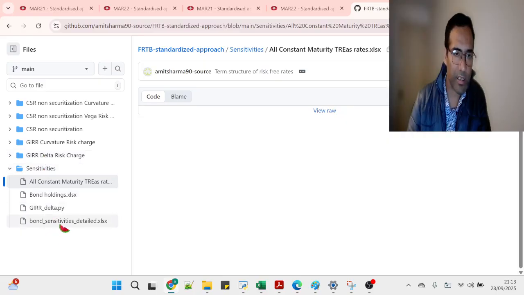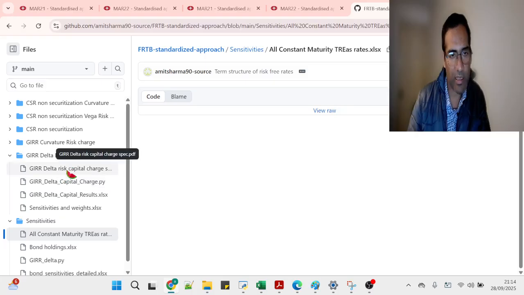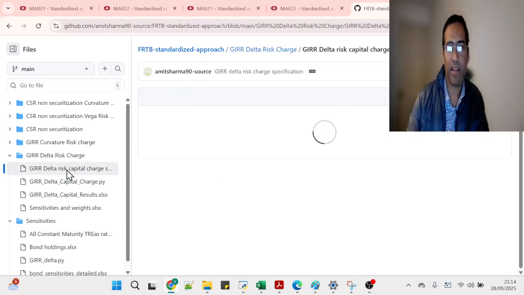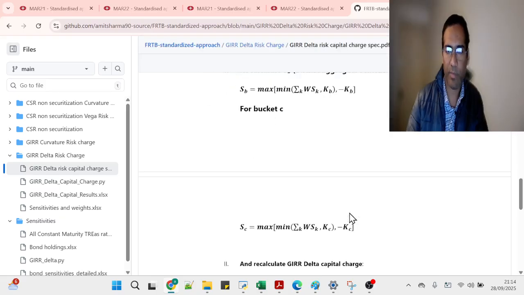This is delta, and this is the output. Since this is the output, I go to delta risk charge, and again it needs those sensitivities and the weights, of course. Then it calculates these, and this is the calculator, and this is the PDF. It is the same PDF that I was showing you.